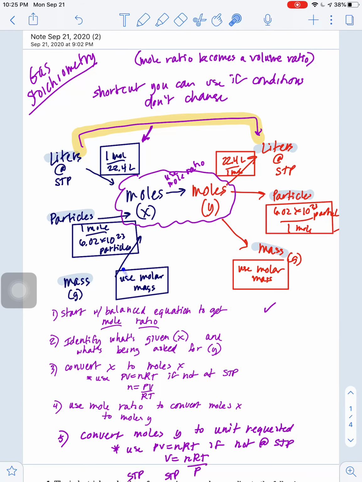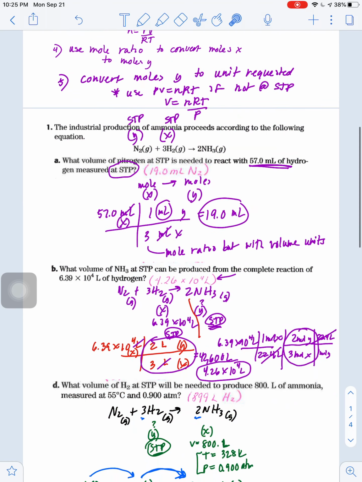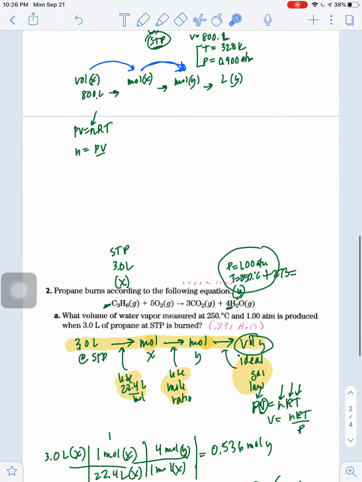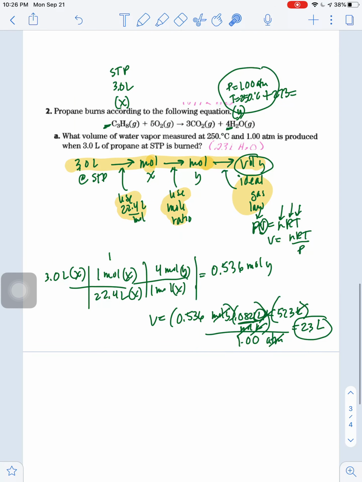You just have to plan your route. The route can be different every time. I think this is a really good idea to write out your path, and I think you should definitely organize your information. And if you do that and you're careful, and you figure out how you're going to get from step to step to step, it should all work out.